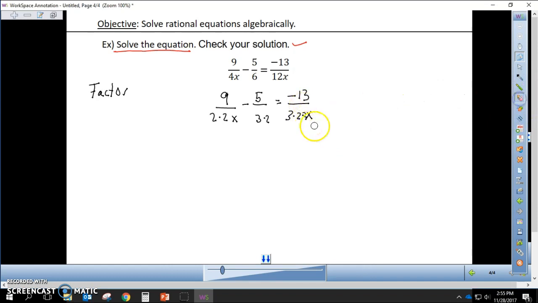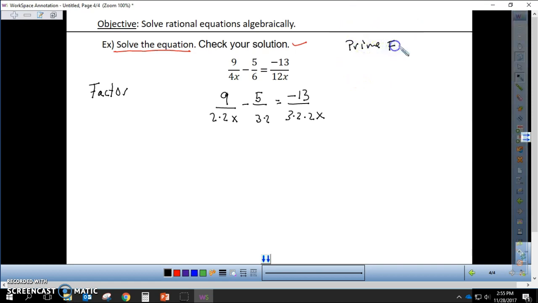The reason why I broke these down, and this is called prime factorization, when you take a value and break it down into its prime numbers, is because I'm going to highlight my shared factors.